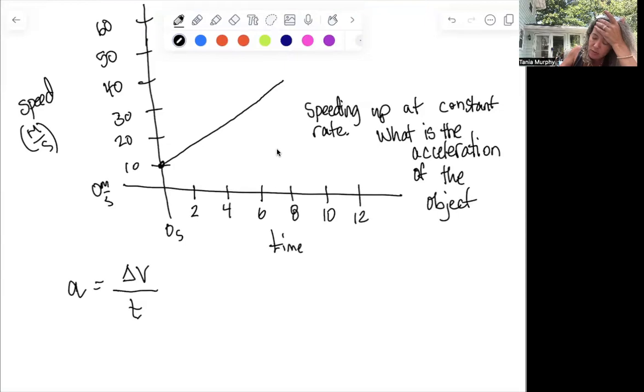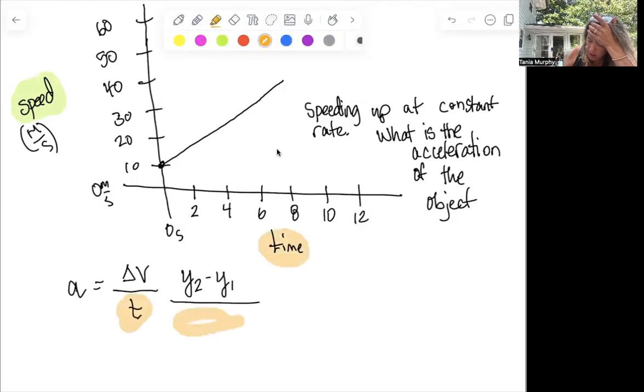Once again, the change in speed is on the y-axis, right? So this is your y2 minus y1. And then the time down here is on the x-axis. So we'll put x2 minus x1.